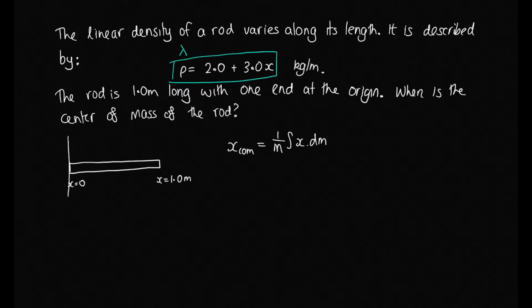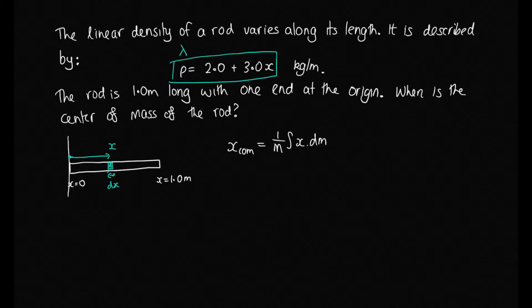So what we're going to want to do to our rod is break it into lots of little sections. So let's consider this little blue section here. Now we'll say that this is a distance x along the rod and it's got length dx. So this distance here is dx, this little one, and this distance from the origin is equal to x.